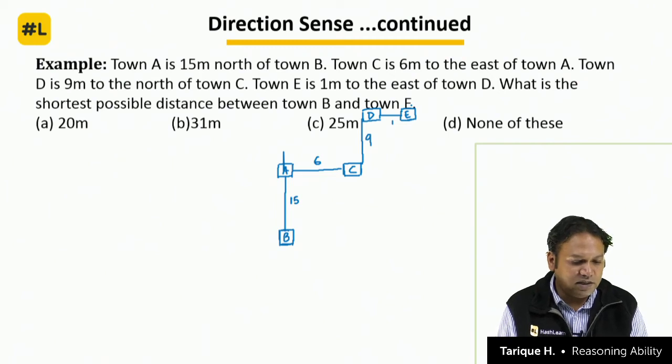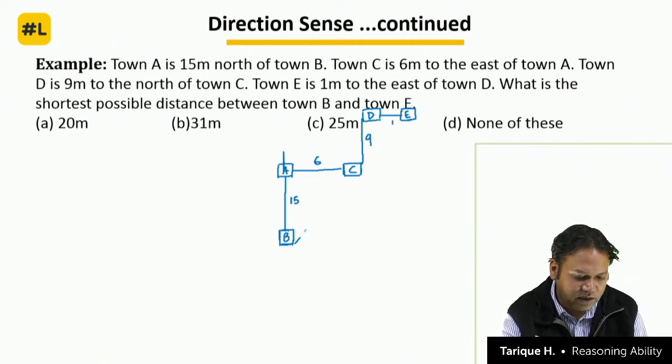Now what is the shortest distance between town B and town E? This distance we have to calculate. This distance from town B and town E.